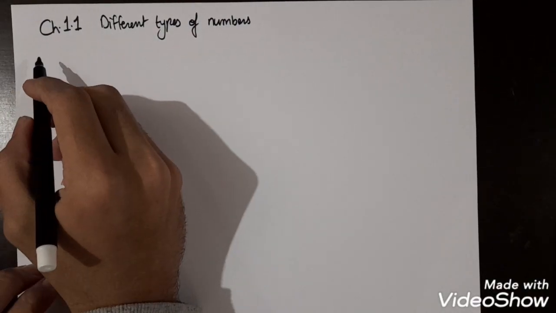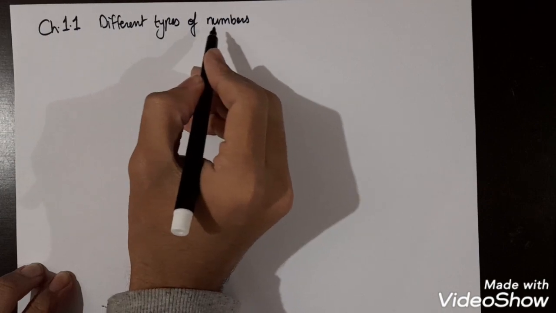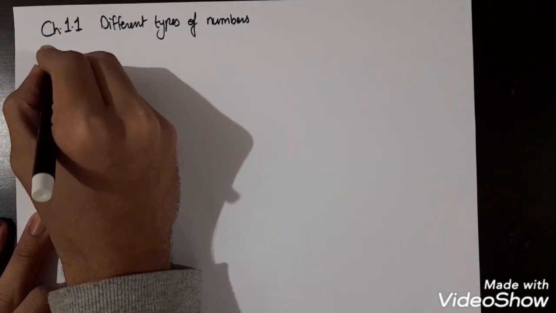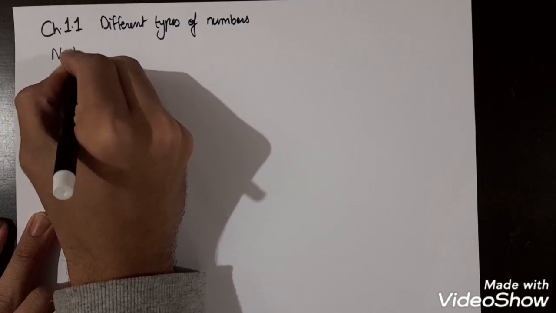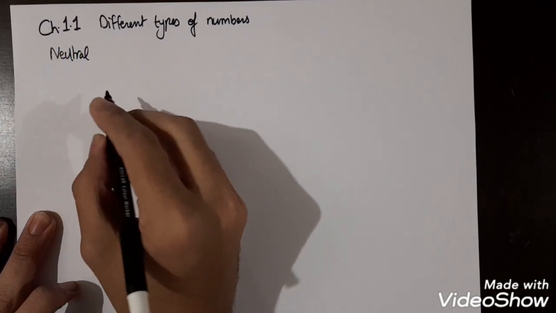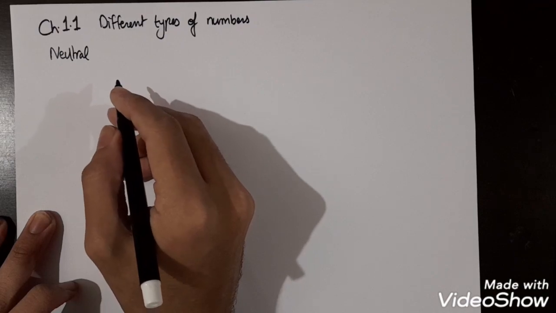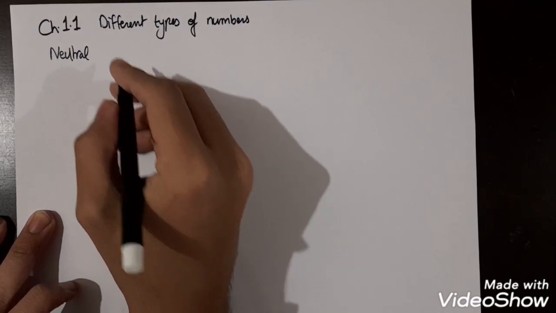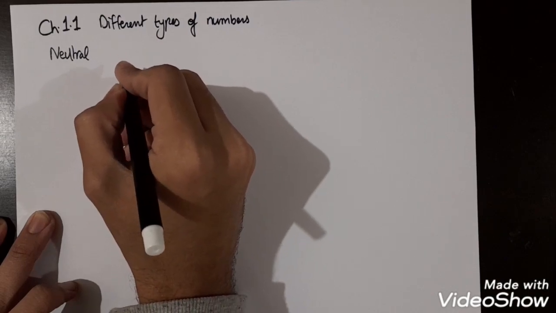So the heading for chapter 1.1 is different types of number. There are 7 different types of number. The first one is natural number. A natural number means any whole number from 1 to infinity, and it is also known as counting numbers.